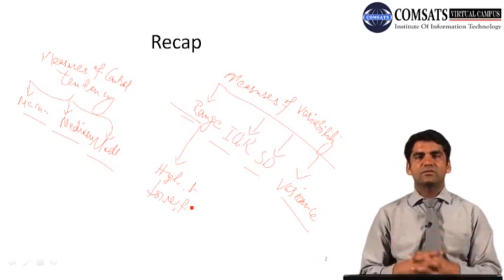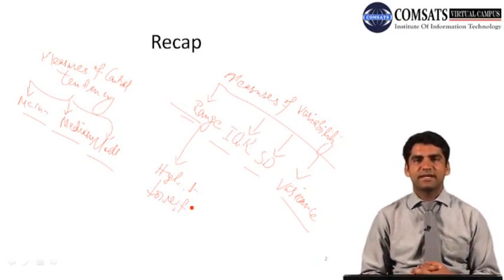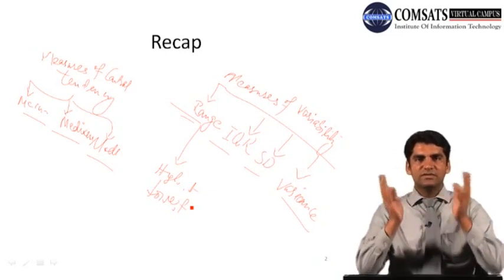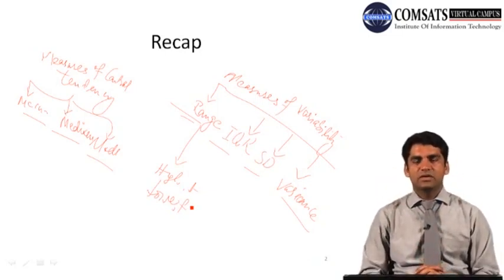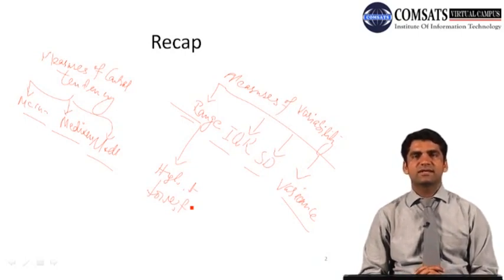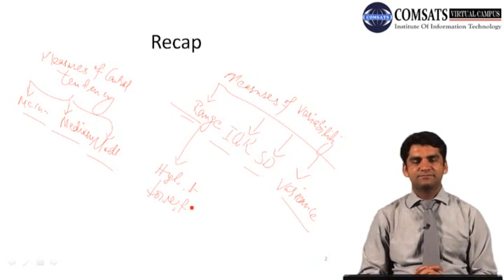So that's how we will be in a position to understand the spread of our data. How do they spread around a mean? What is their variance? What is their standard deviation? What is interquartile range? And things like that.